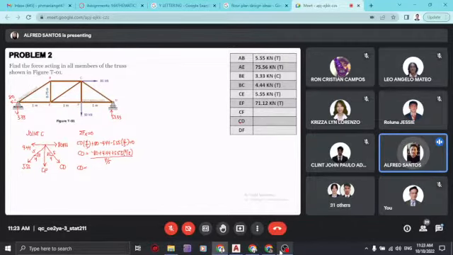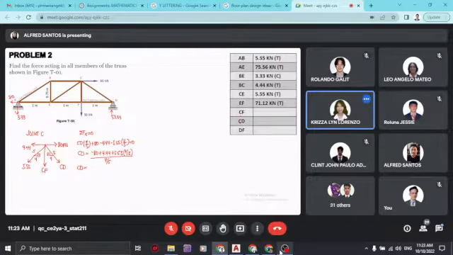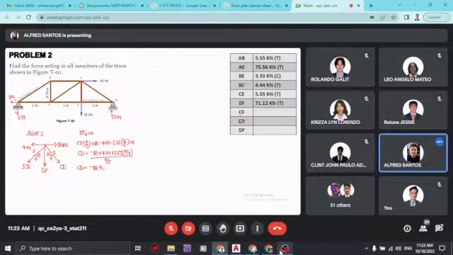Kala ko kaya nyo na eh. So what's your CD? Negative 88.9. Yes po. Compression. Okay, so this is negative 88.9 kilonewton. So it is in compression.